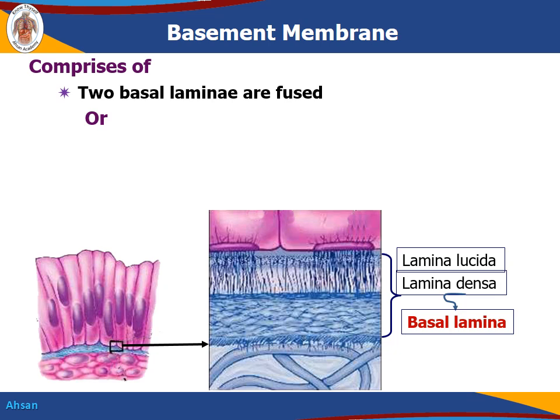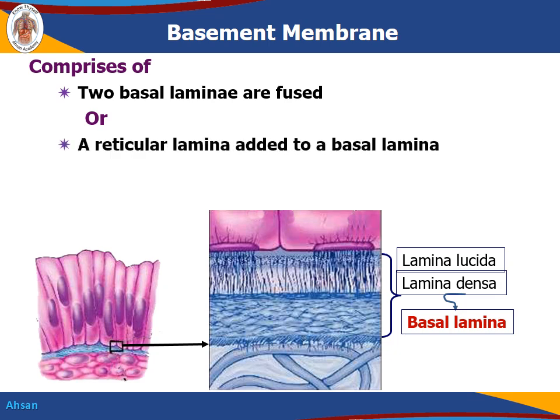Or the basal lamella is fused with another non-cellular layer. This is the reticular lamella, as observed in the deeper part. Together, the basal lamella and reticular lamella make a thicker layer that becomes visible under the light microscope. This is also known as the basement membrane.